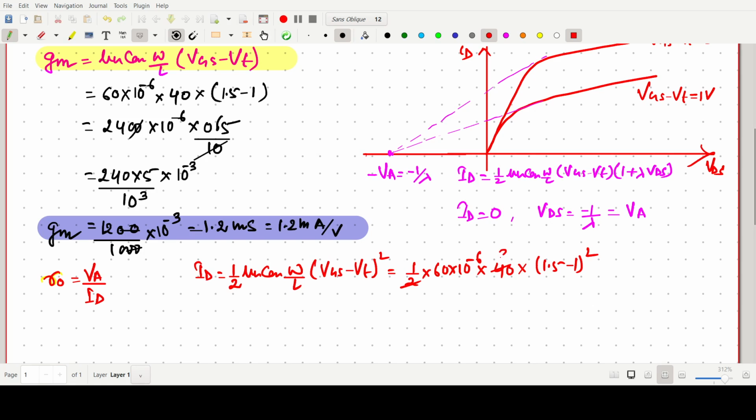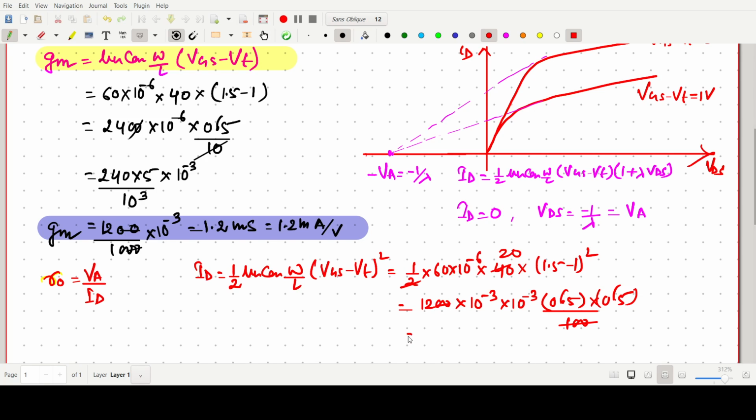So it should be 20. So 6 into 2, 12. Then 1200, what I am writing, 10 to the power minus 3, then 1.5 minus 1, so we can write 0.5 into 0.5. If we remove this decimal, I am showing 12.